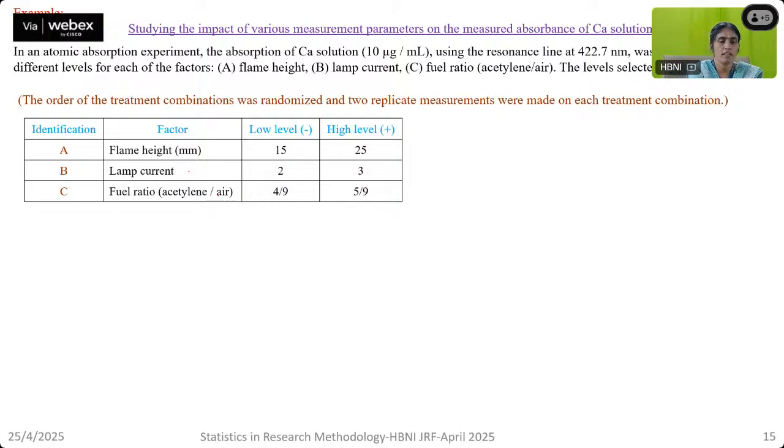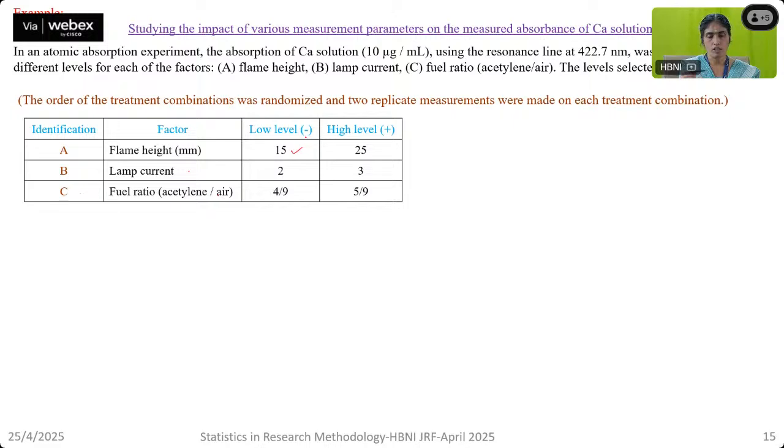These factors are identified as A, B, and C. So we see the impact of variation of the A, B, C factors on the outcome, which will be the measured absorbance. And how these values are arrived at, I will tell you.